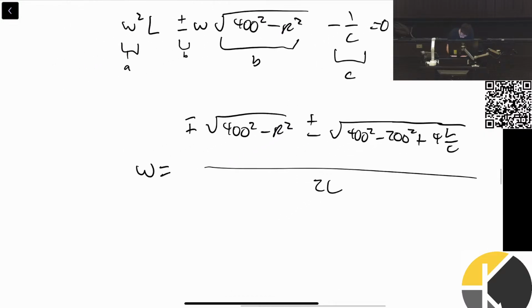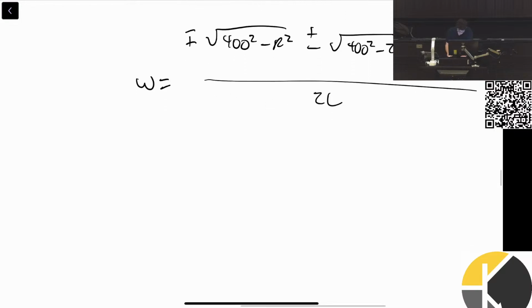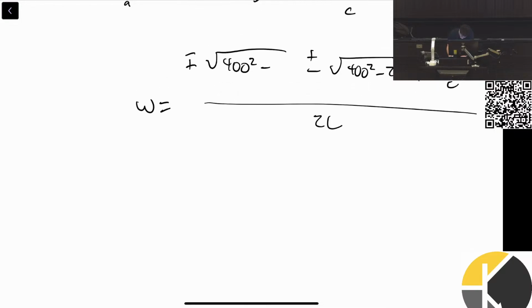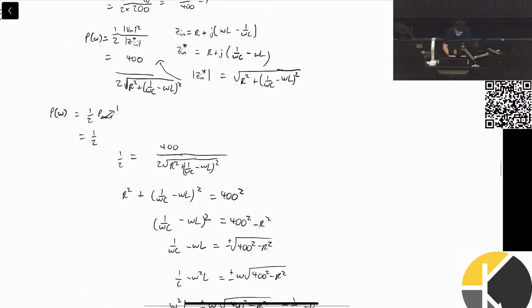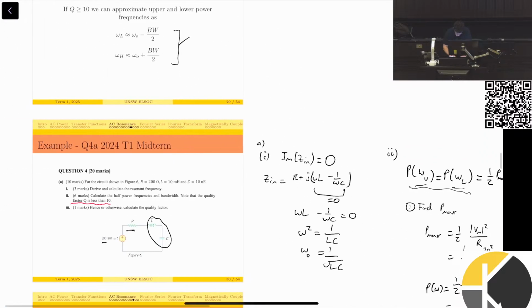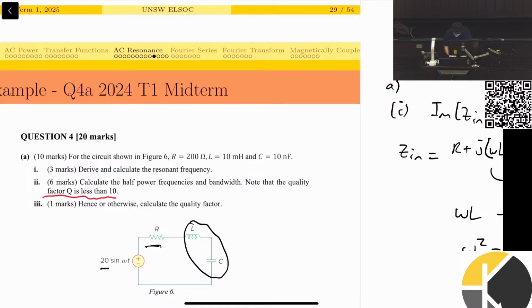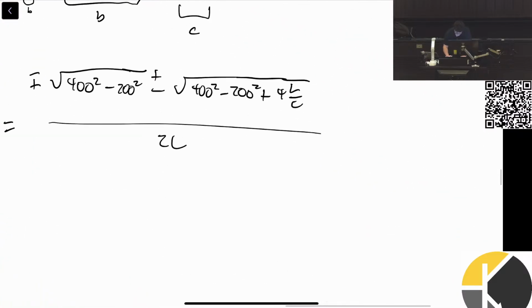And that's our omega. Now I'm just going to plug in the values and figure out roughly what these numbers are. We don't have a calculator on me, but we know this is 200. We know L on C is over here, 10 times 10 to the negative 3 over 10 times 10 to the negative 9, which should just be 10 to the 6 if I'm not mistaken.